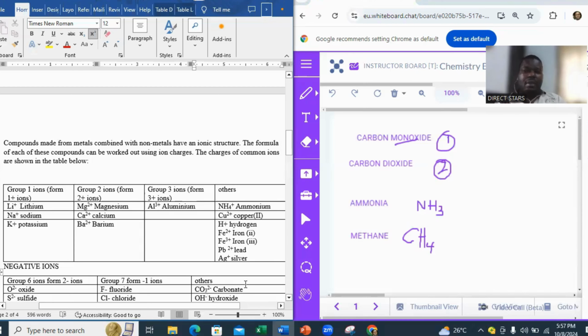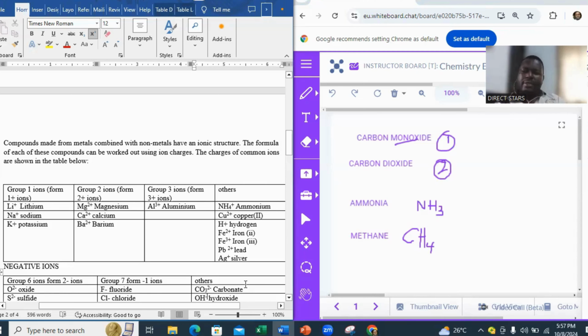Organic compounds, most of them are covalent in nature. But the vast majority of the compounds we have in the world today are ionic. So today, for the sake of time, we'll focus majorly on the ionic compounds. So probably when we meet next week, we'll look at covalent compounds.